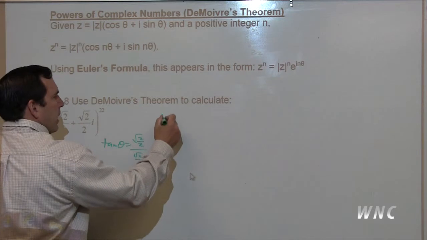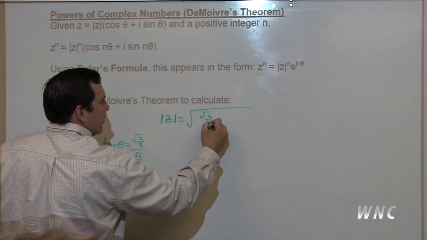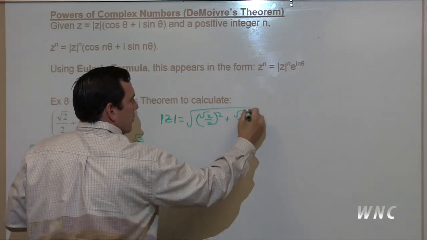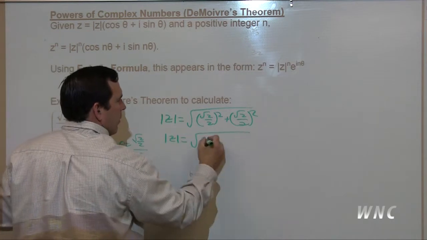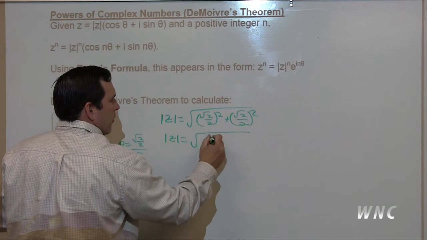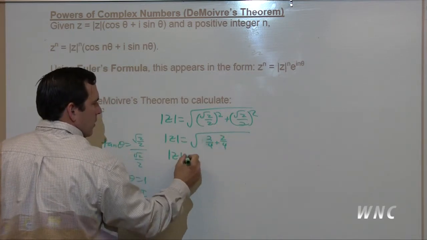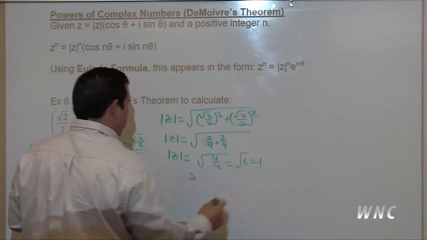And if we look at the magnitude of z, that's going to be the square root of (square root of 2 over 2) squared plus (square root of 2 over 2) squared. The magnitude of z is the square root of 1/2 plus 2/4, which is 1/2 plus 1/2. That's the square root of 1, which is 1.